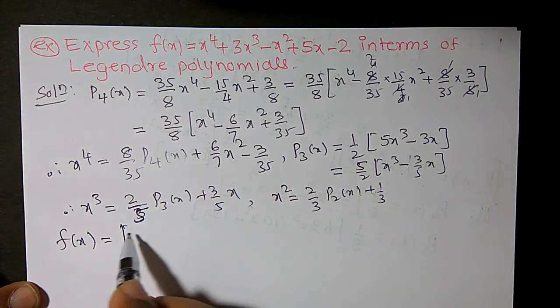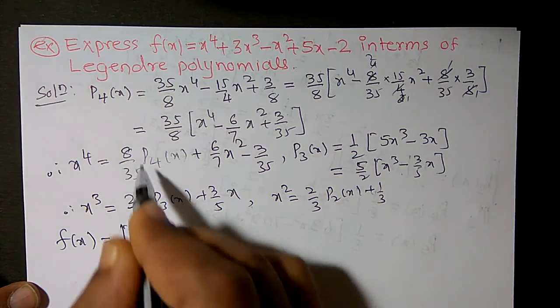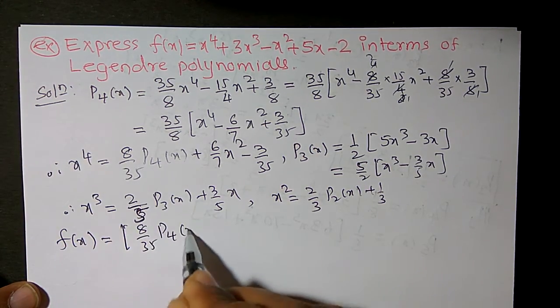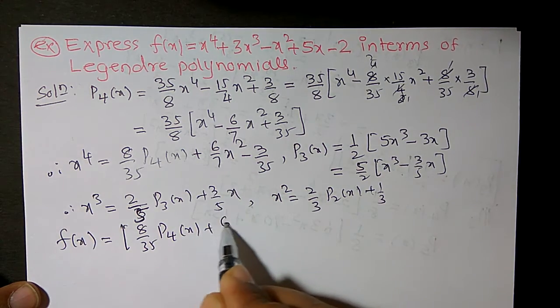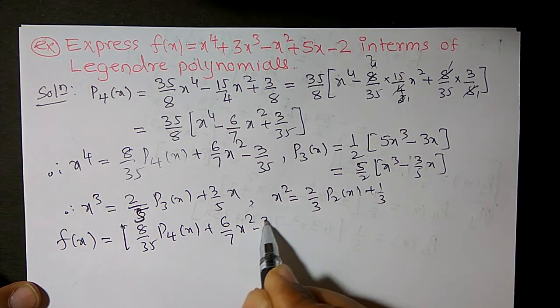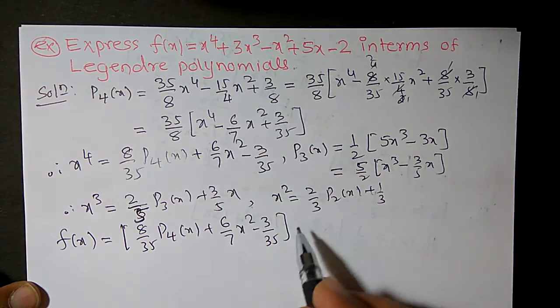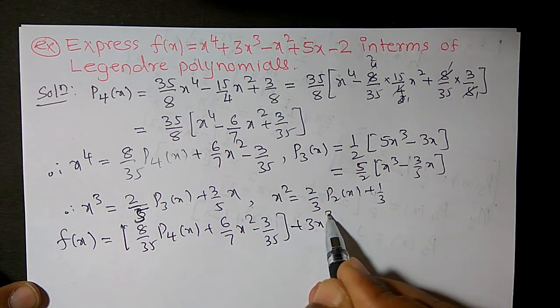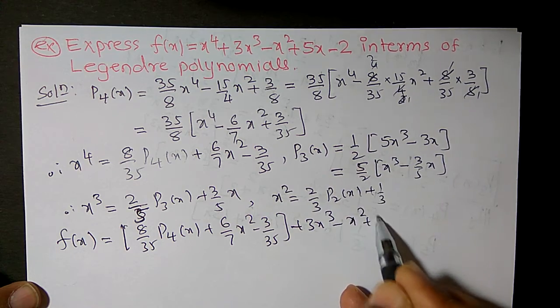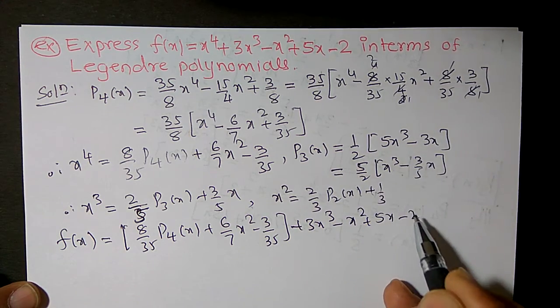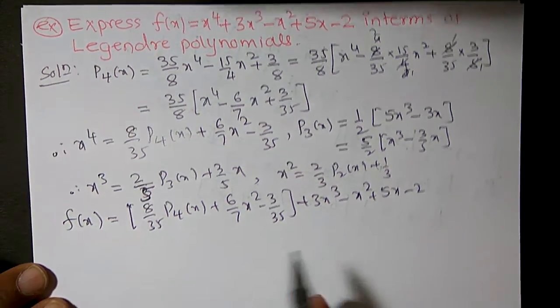So x^4 = 8/35 P4(x) + 6/7 x^2 - 3/35. Other terms are plus 3x^3 - x^2 + 5x - 2, right?